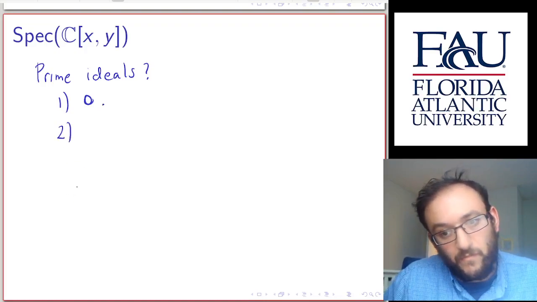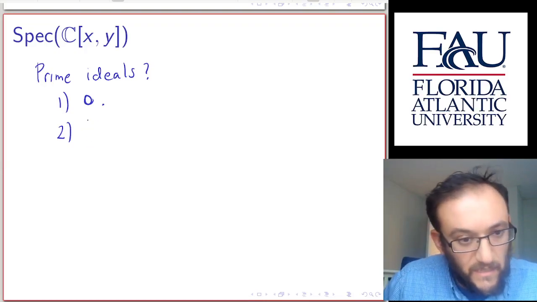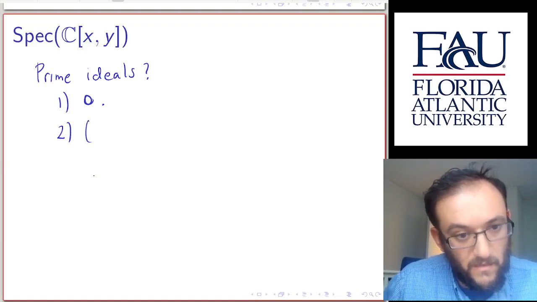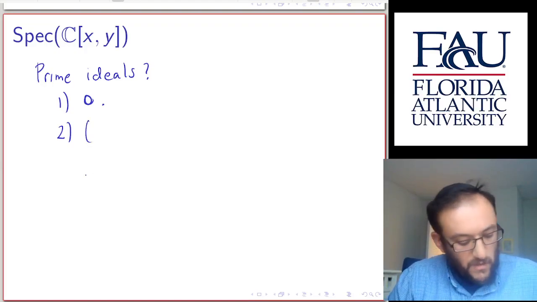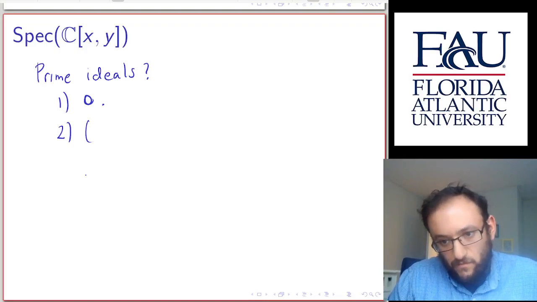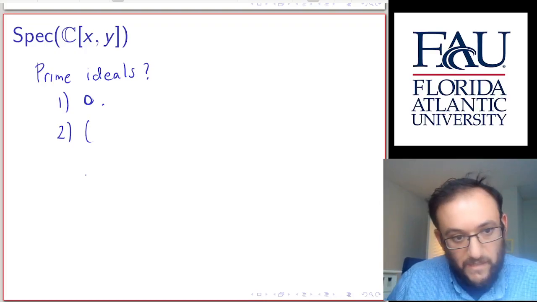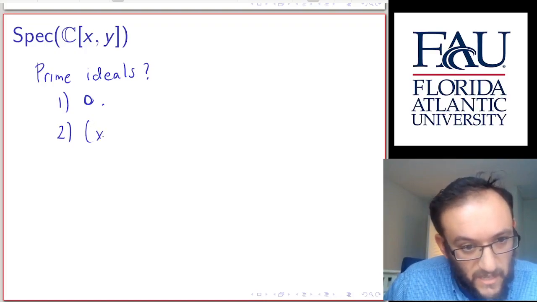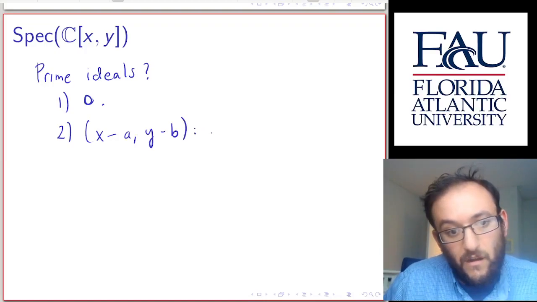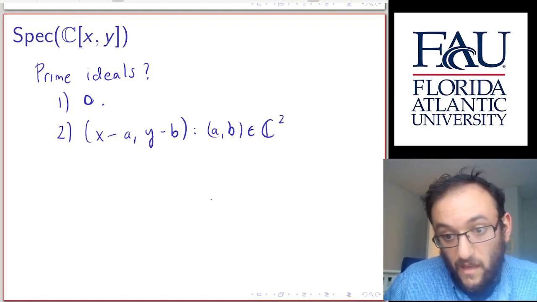And we also have the maximal ideals. You would want to consider an ideal that is the kernel of some homomorphism to the ground field, and so the evaluation map would be good for that. So you can take just x minus a, y minus b, where a and b are both complex numbers.